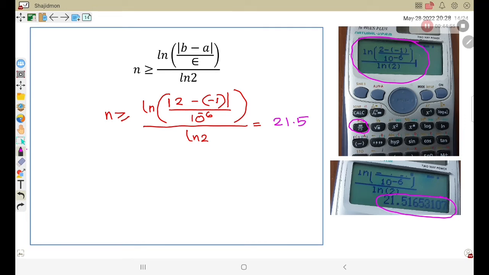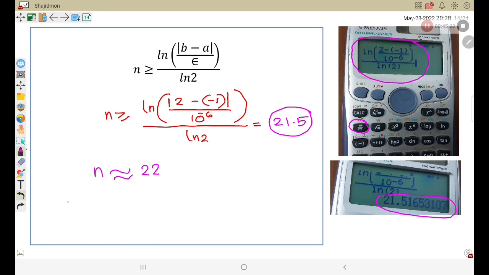So with 3 digits, we will get 21.5. But our question is how many steps the computer will take, P1, P2, P3, P4, that is the question, correct? So we can take n approximately equal to 21.5, which means take the next number, better, okay? So n equal to 22. So what does it mean, students?